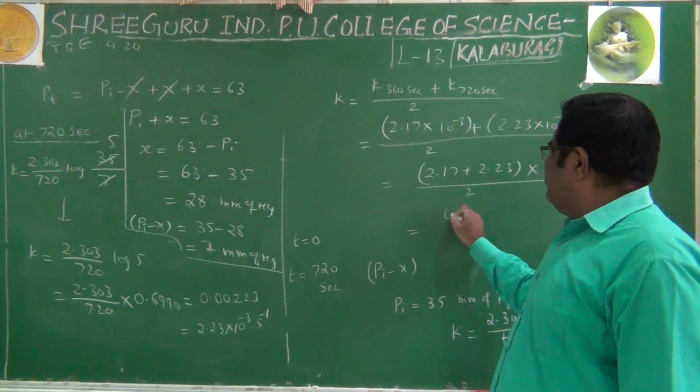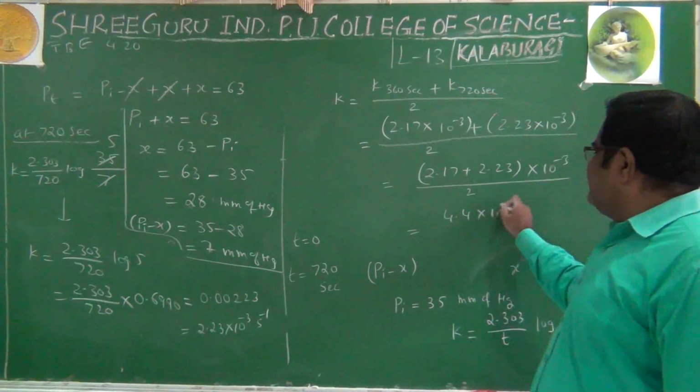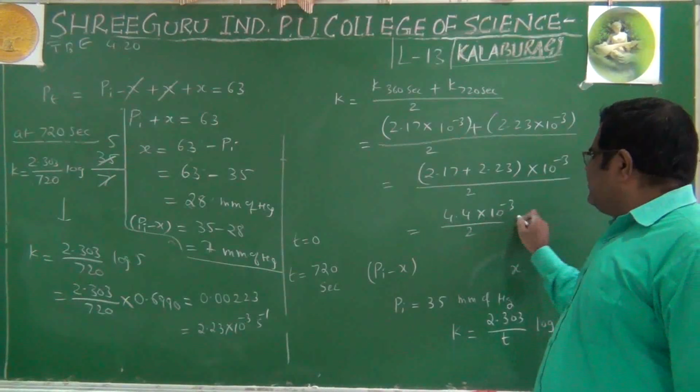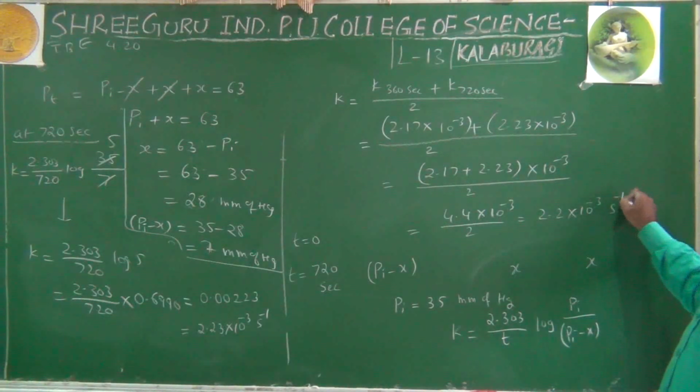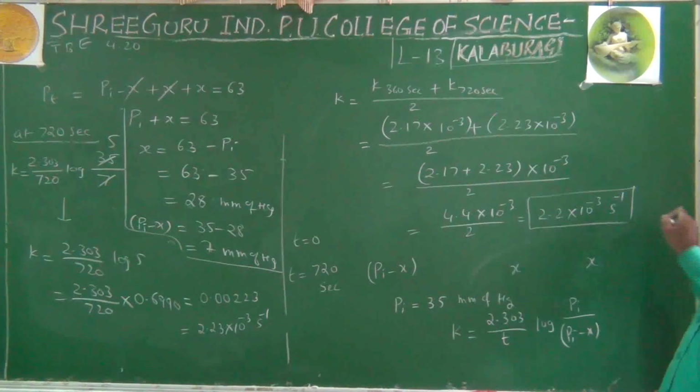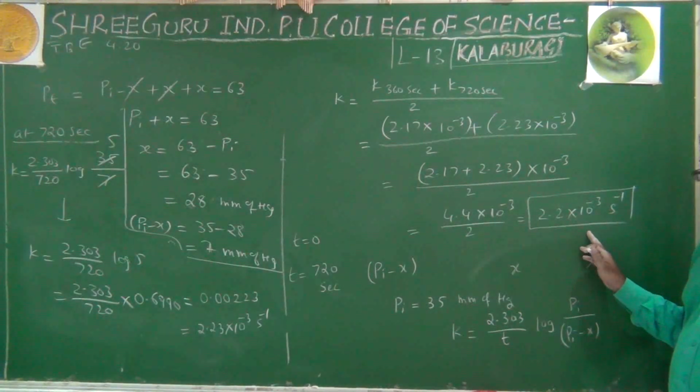So it is 4.4 multiplied by 10 raised to minus 3 divided by 2, and we can write this as 2.2 into 10 raised to minus 3, and the unit is per second.